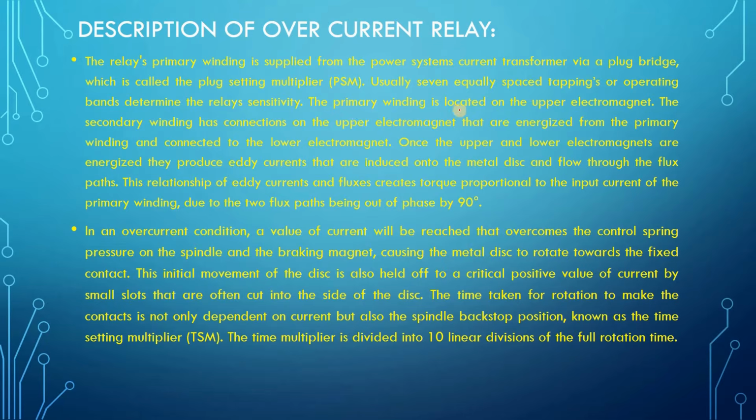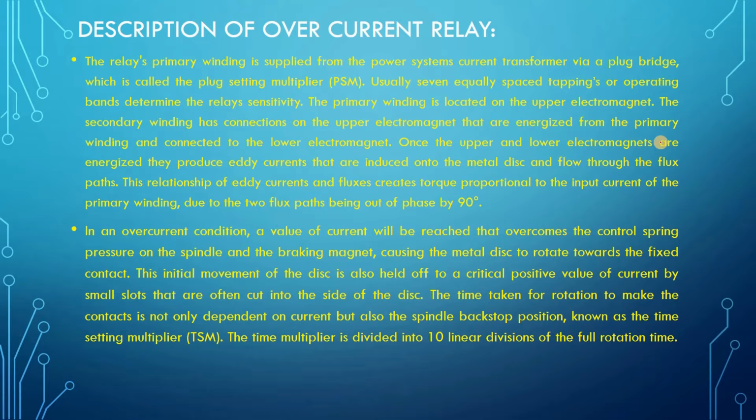The primary winding is located on the upper electromagnet, and the secondary winding is on the lower electromagnet, energized from the primary winding. That means the secondary winding is energized from the primary winding, and the primary winding is connected from the CT output of the power system. Once the upper and lower electromagnets are energized, they produce eddy current. How will they get energized?